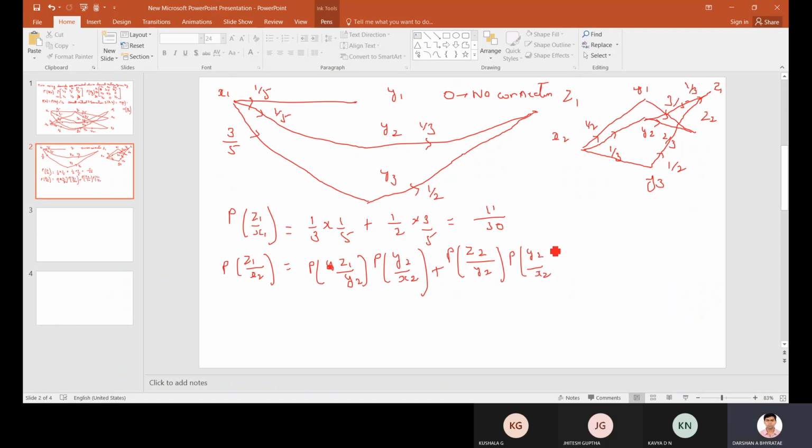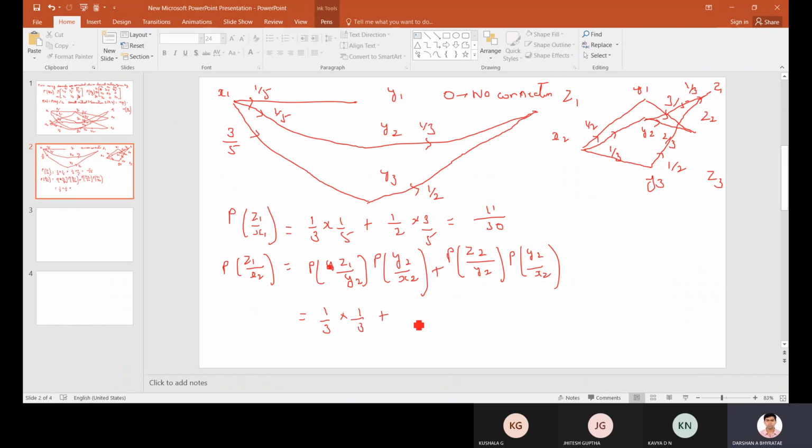There is no connection here for P of Z3 by Y3, so make it 0. P of Z1 by Y2 is how much? That is 1 by 3 into P of Y2 by X2. P of Y2 by X2 is how much? That is also 1 by 3.